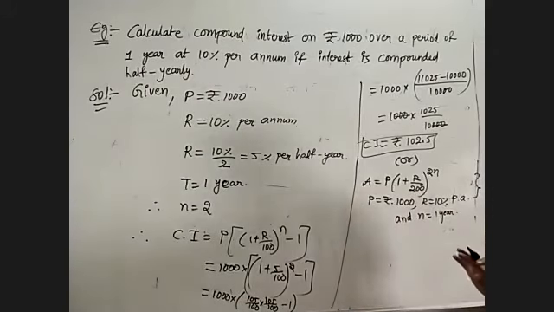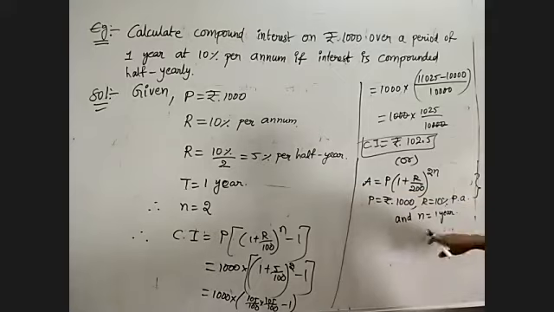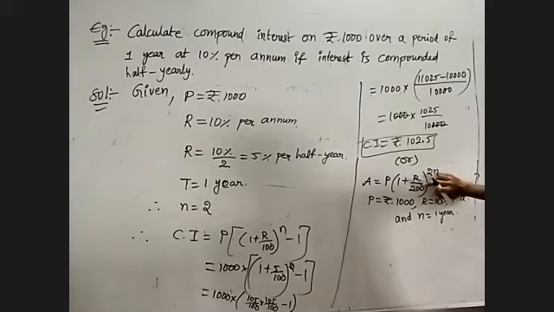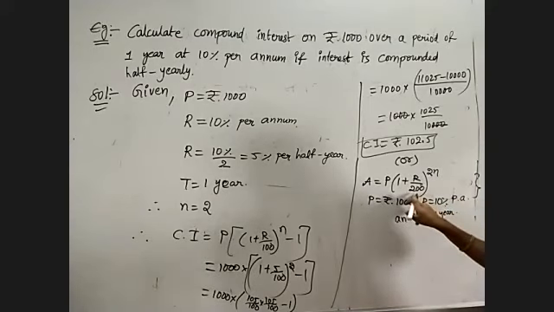See, here r is not changing, and n is also as usual. For t, whatever value they gave, that value only I am taking. But the formula I am changing. Just observe, actually I have to do r by 100. Because the interest is compounded half yearly, r by 2 we have to take. R by 2 into 100, that is r by 200. How the formula is changing, just observe.